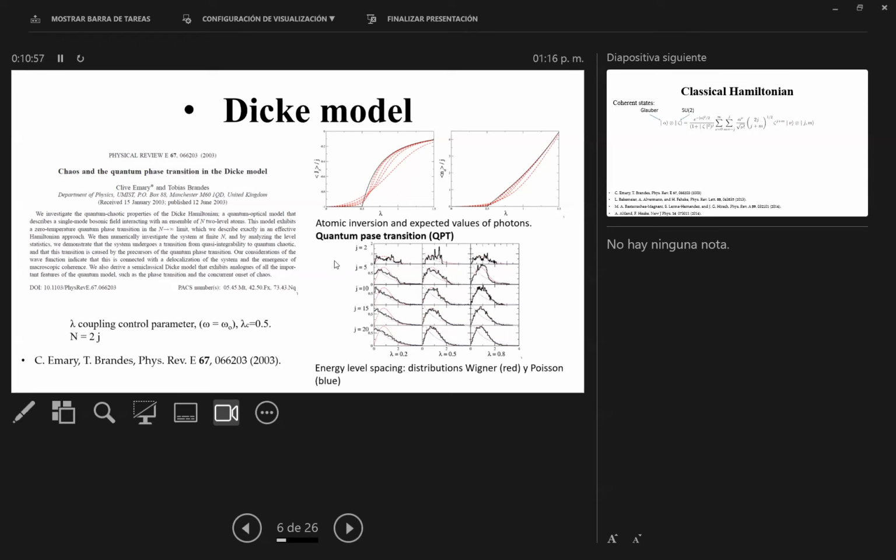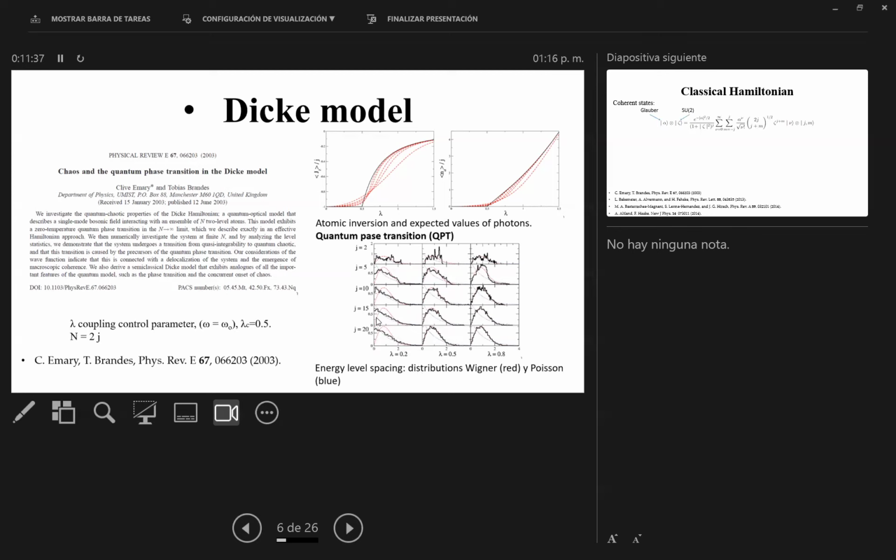Yes. And then they explore the other states, the excited states in the system, using level spacing studies for different sizes of the system. And also they change the control parameter from a small value to the critical value and beyond. The black lines are the level spacings. The blue and the red curves represent, respectively, the Wigner and the Poisson distributions.